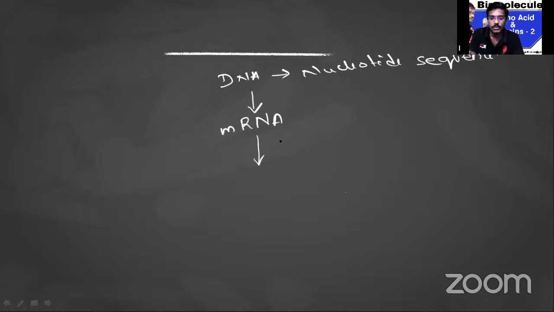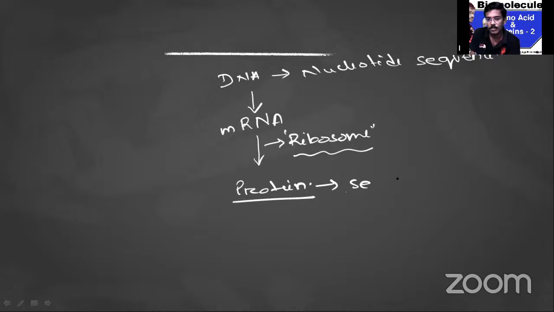The mRNA takes the help of ribosomes, and other enzymes are also required for this process, and ultimately there will be synthesis of the protein. The protein is a sequence of amino acids.